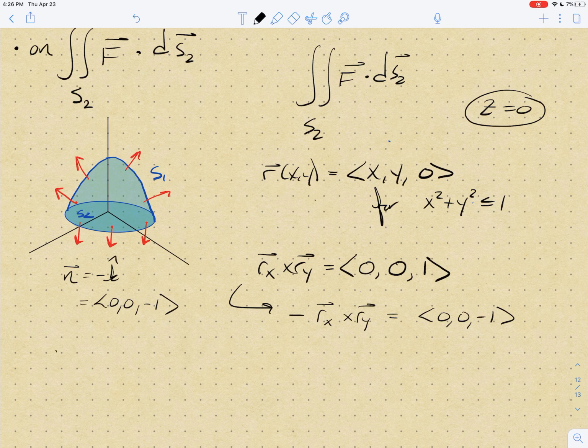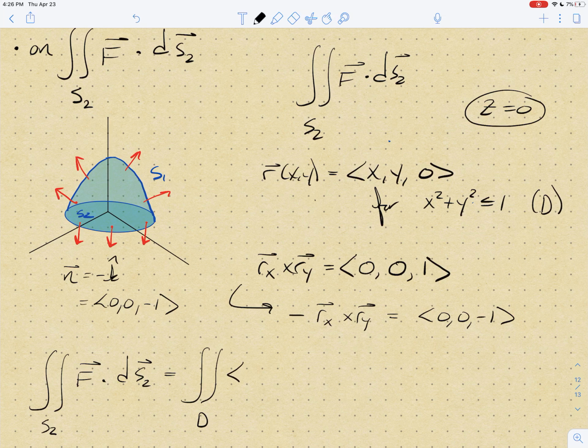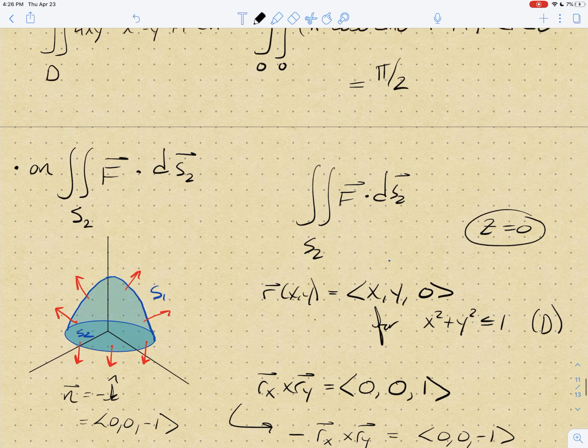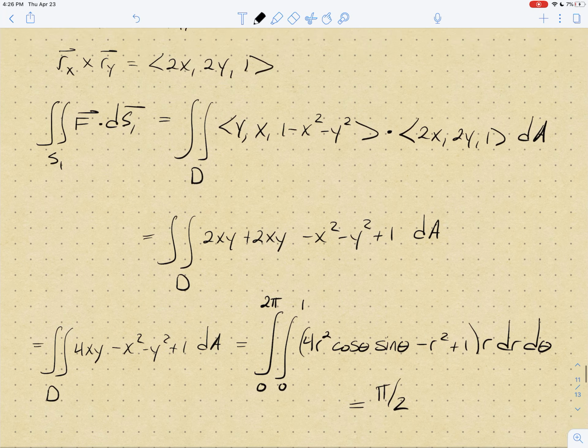And so at this point, I'm ready to work out our surface integral over S2. The surface integral of f over S2 becomes the double integral over D, being the unit circle, we'll just call that D, of, okay, plug in your parameterization, x is x, y is y, z is 0 into f.